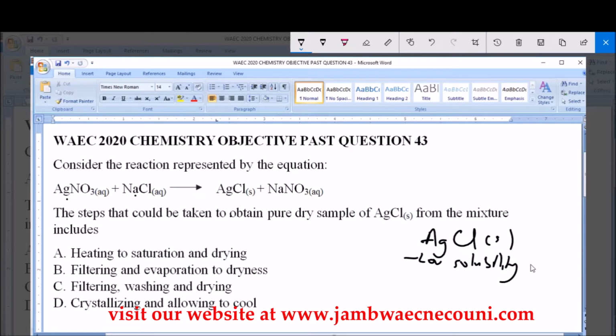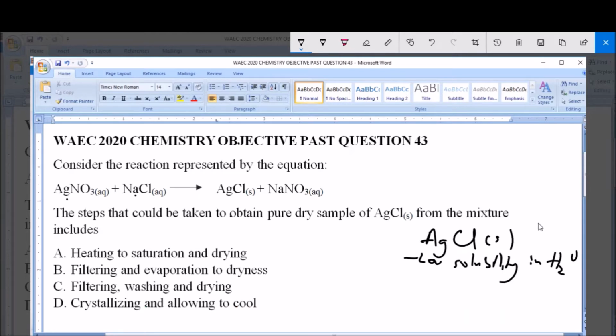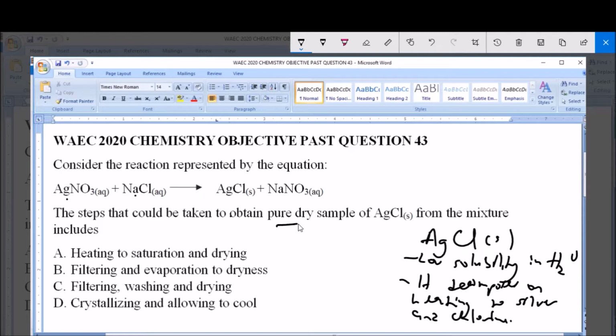One of its physical properties is low solubility in water, and it decomposes on heating to silver and chlorine. That is its component. So these are important things to note when you are talking about the preparation or in order to obtain a pure dry sample of this compound.